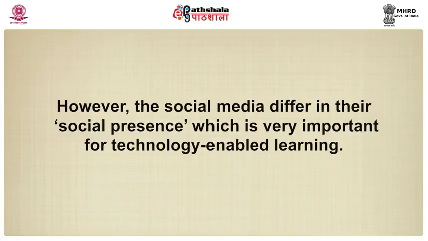The most prominent social media used today include, as you know, Facebook, Second Life, Wikipedia, and YouTube. However, the social media differ in their social presence, which is very important for technology-enabled learning.